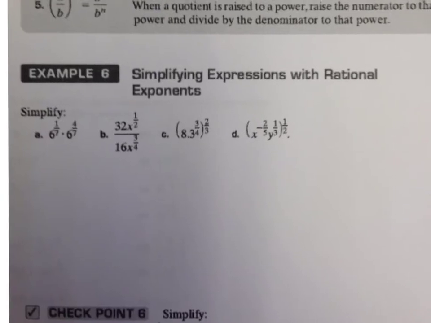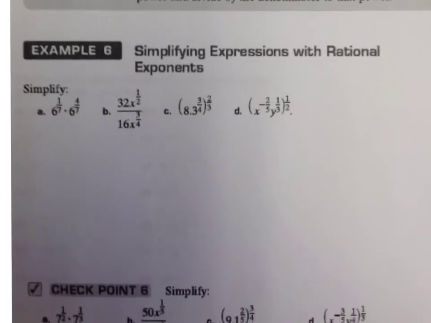Let's start using some of these. So we're going to simplify in example 6, 6 to the 1/7 times 6 to the 4/7. When we're multiplying with exponents, same base, 6 is the base, then we add them.